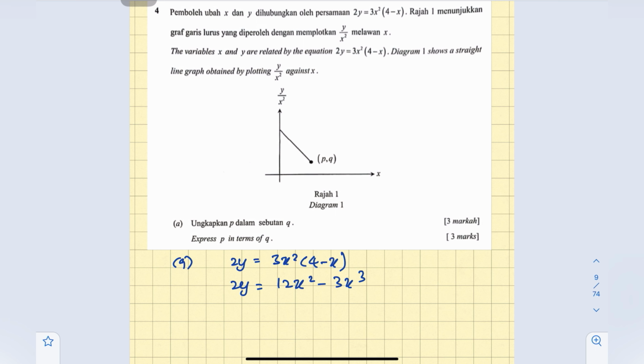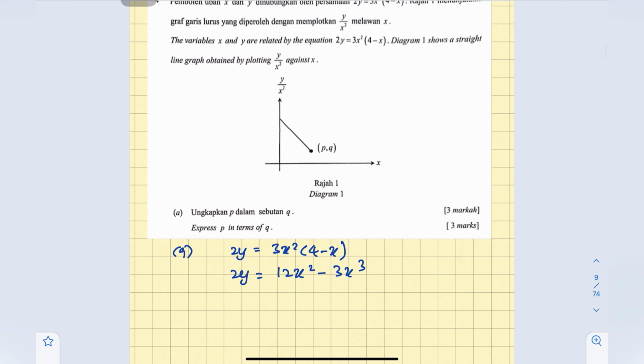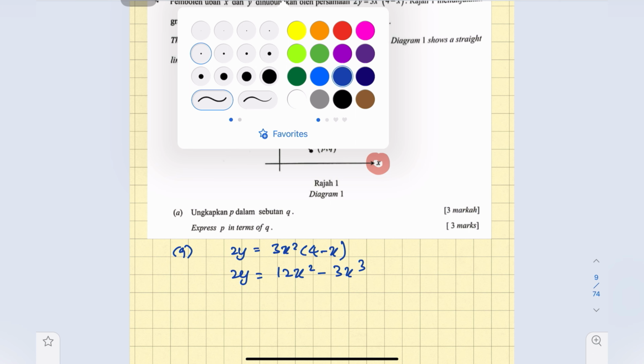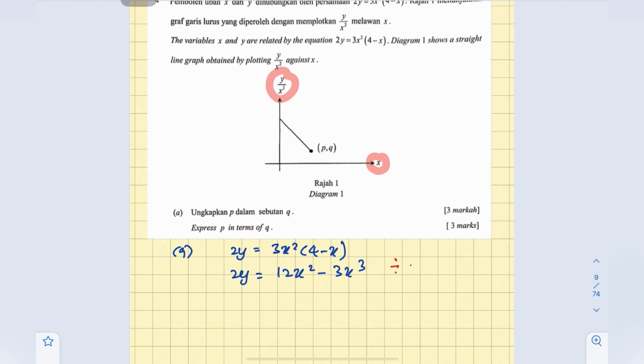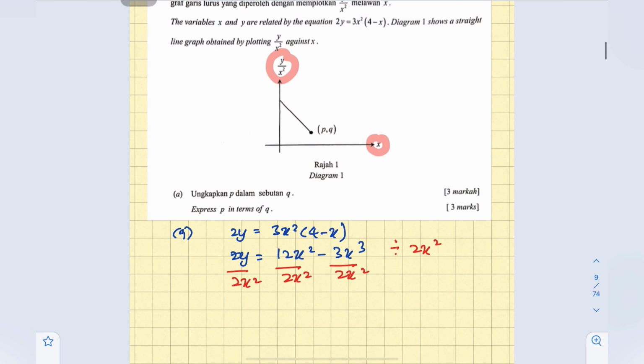Okay, so from the equation we have the big Y is y over x squared and the big X is x. So we have to divide everything by 2x squared. Okay, we divide all of this by 2x squared, so we will get y over x squared.